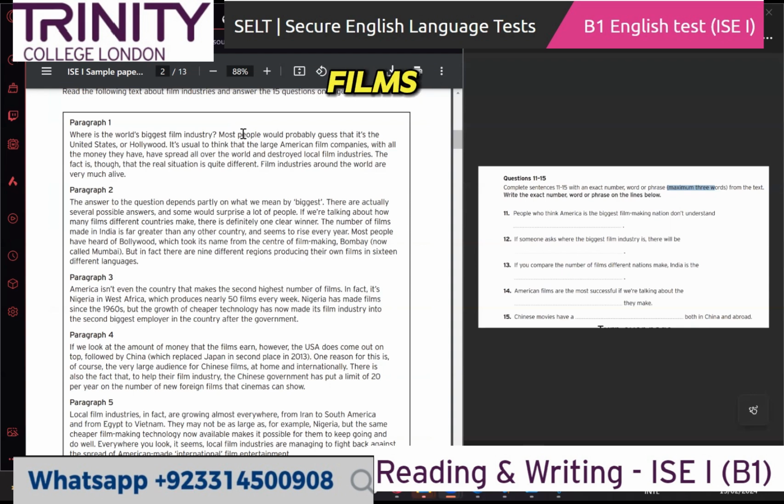The number of films made in India is more than in any other country, and some thousands are made in a year. Most people know Bollywood, which takes its name from the center of the film making, Bombay, now called Mumbai. But in fact there are nine different regional production centers there, making films in 16 different languages.